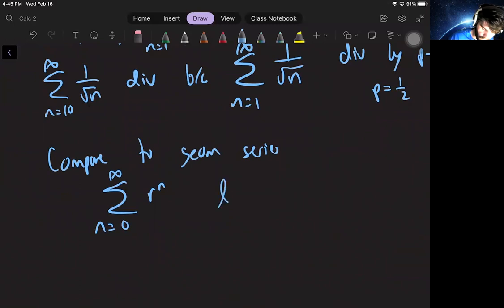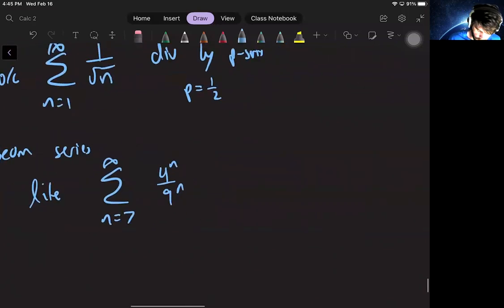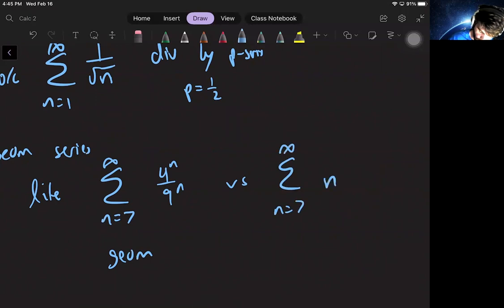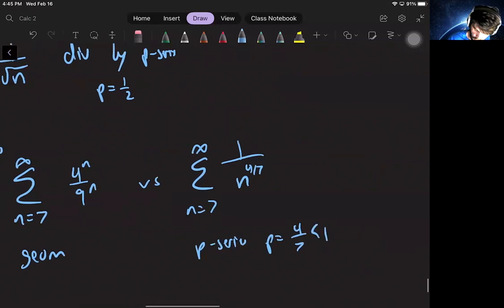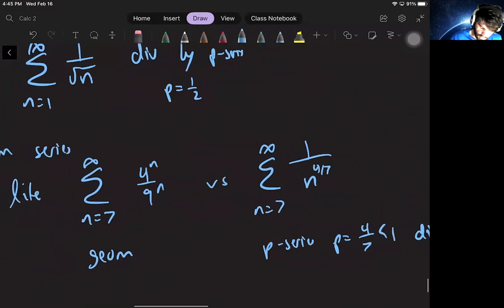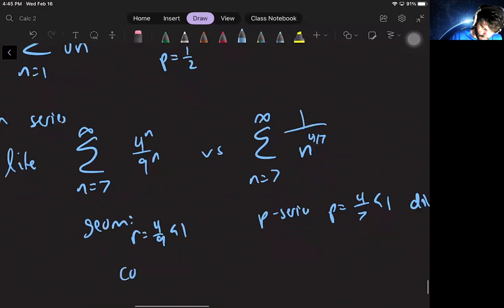So for example, this guy is geometric, but this guy is a p series. p is 4/7, that's less than 1. So it'll diverge. This is a geometric series where r is 4/9, that's less than 1. And that tells you it converges.